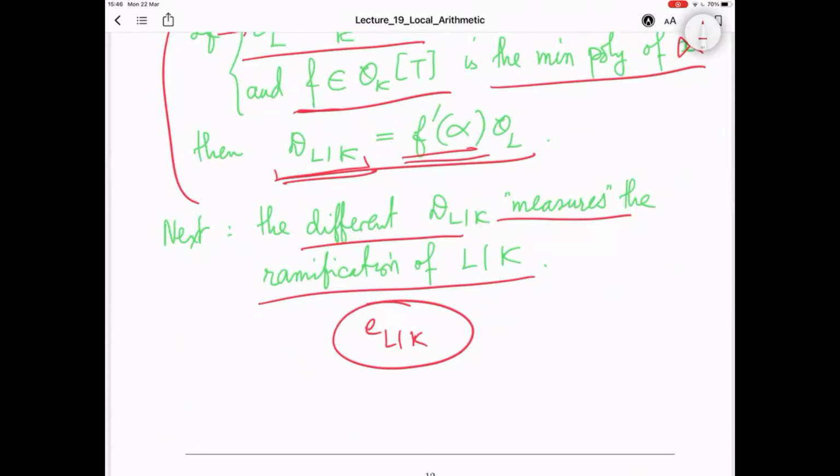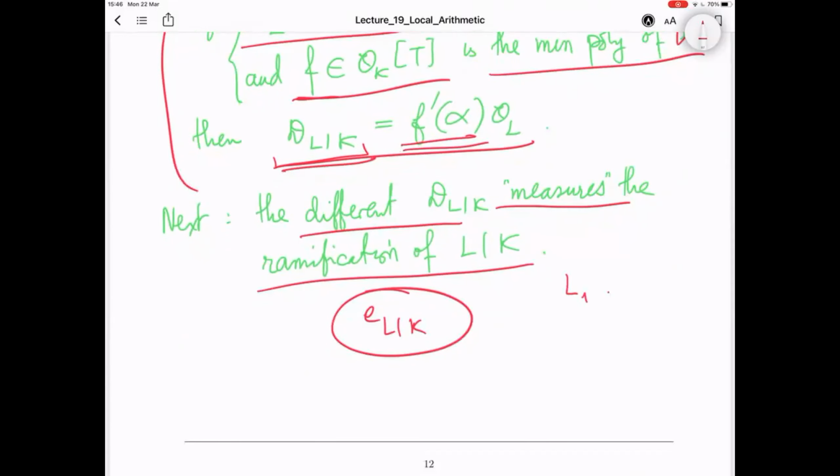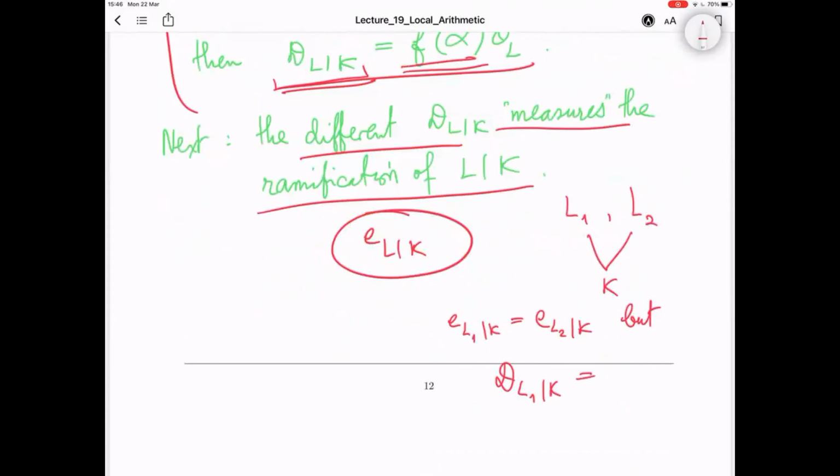The different is a finer measure because you could have two extensions L1 and L2, both extensions of K, and you can have e_L1/K equal to e_L2/K, but the different of L1 over K is different from the different of L2 over K. So that's possible. Not only is it possible, we'll come across many examples later.